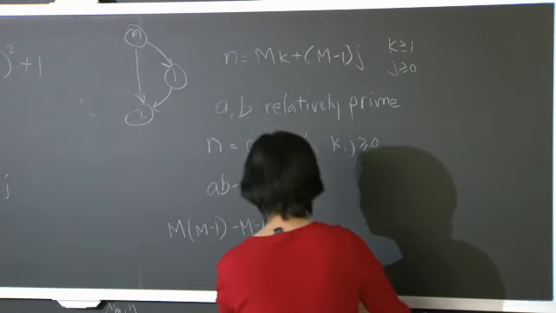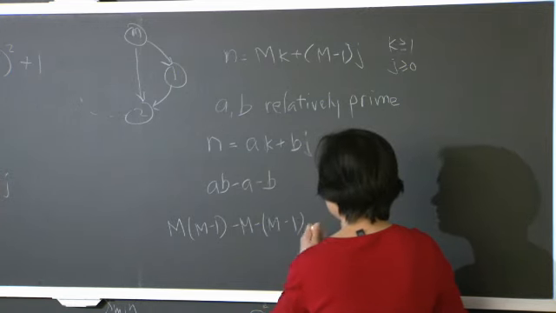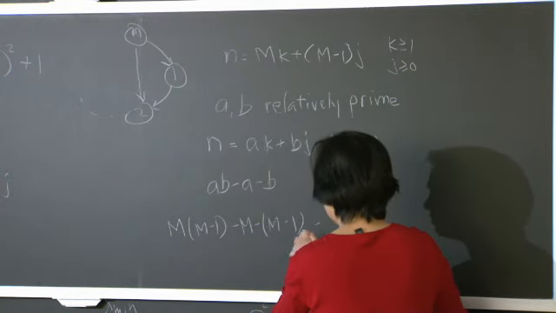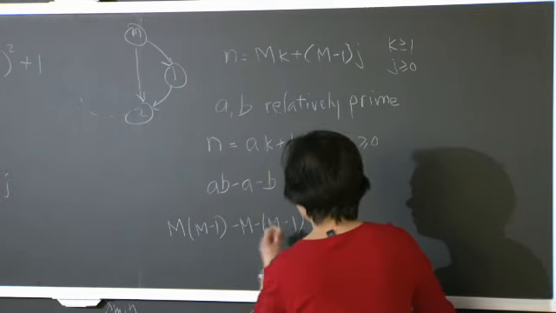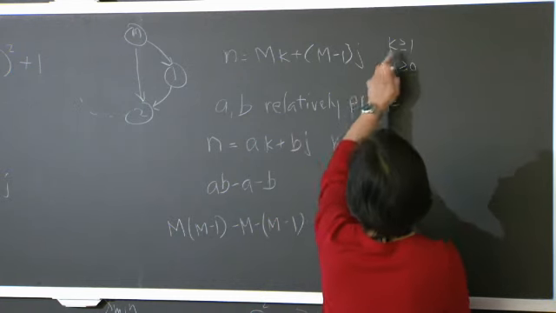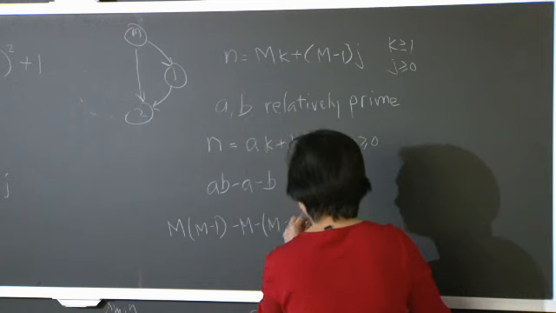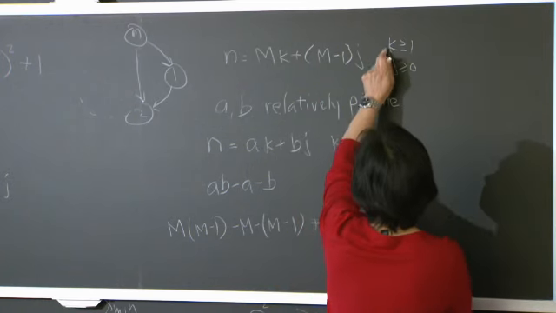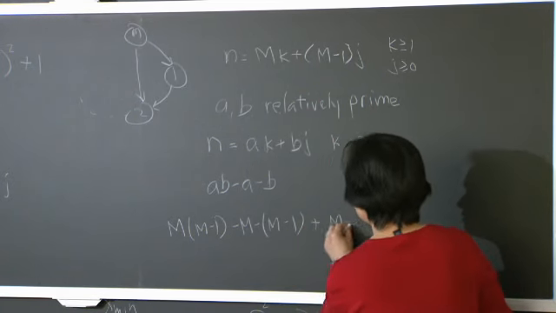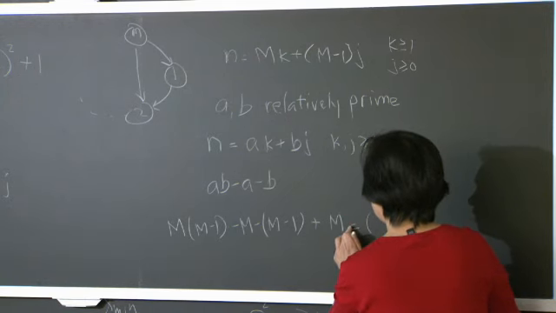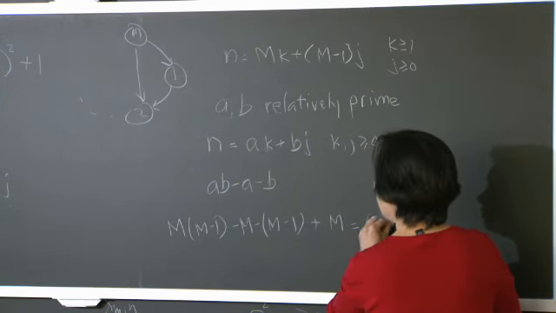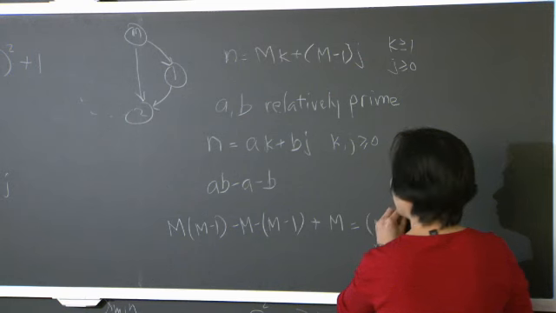But the thing is, I'm sorry, we have to add the extra m, because this k is greater than or equal to 1. So we have to add one of the m's, okay, because of this. All right. So this is just equal to (m minus 1) squared.